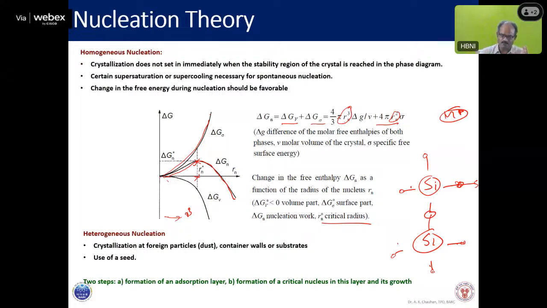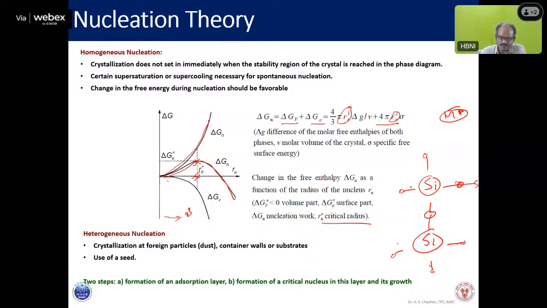But if by any chance you get a cluster of solid above this critical radius, then further addition of atoms is favorable. A cluster grown above the critical radius is called a stable nucleus, and this process is called nucleation.